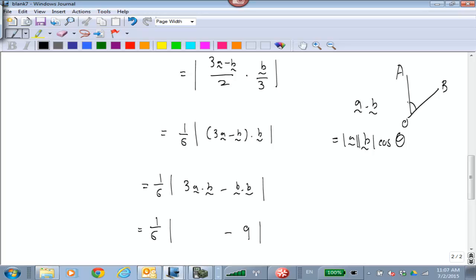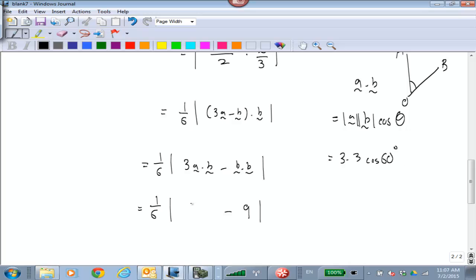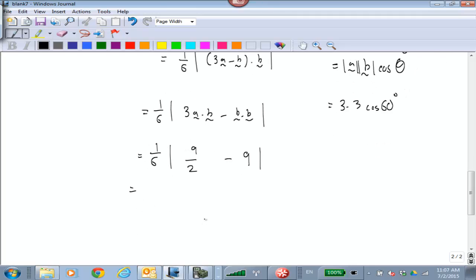Am I given? Yeah, 60 degrees. Which means this one is just 3 cosine 60 degrees. Cosine 60 degrees is how much? Half, right? So this is 9 over 2. So minus, giving you 1/6 of 9 over 2. What is the answer? 9 over 12, 3 over 4. Is this the answer? Yes. Okay. Understand? So it's always searching for information.